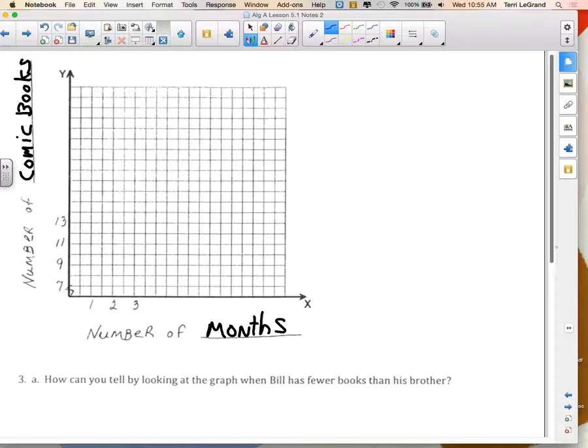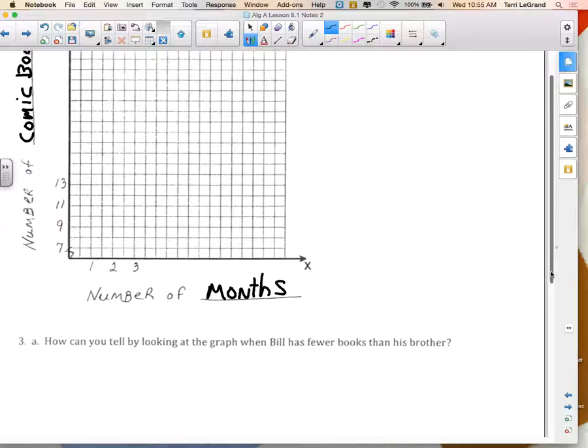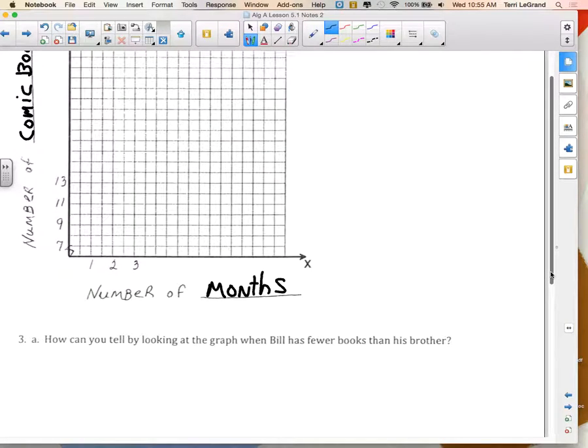And after we have those labeled, the next thing we have to do is decide, especially when there are application problems, problem-solving problems, we don't always get to go by ones on both axes. What did I go by on the x-axis? I've already chosen the scale first. What's the x-axis going by? This is important for us to recognize. It's going by 2s.